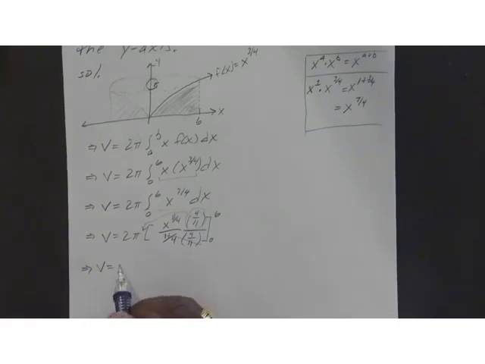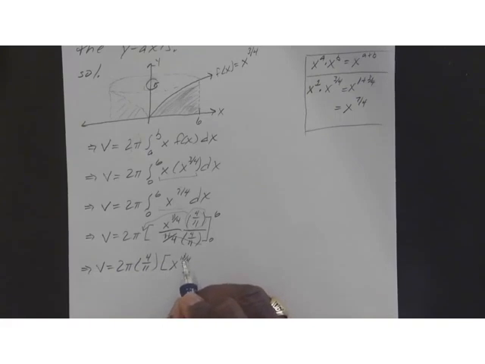So our volume will equal 2 pi times 4 over 11 times x to the 11/4 power. There we go. X equals 0 to 6.